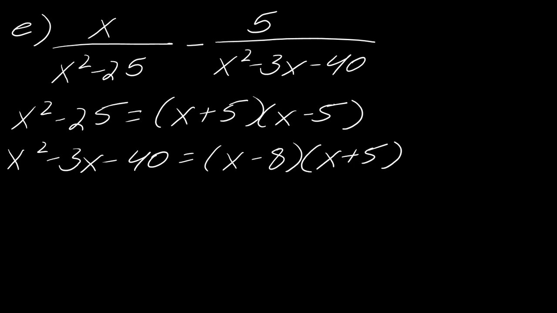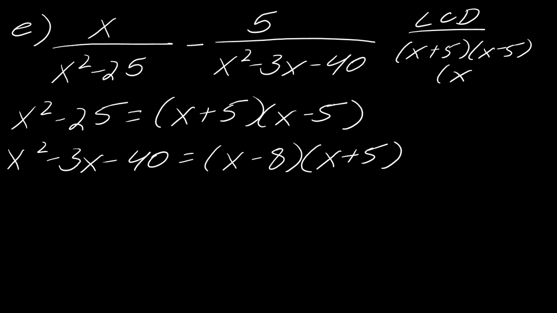Okay, so my LCD, I'll just write it over here. My LCD will be x plus 5, x minus 5, x minus 8. I'm running out of space, but they should all be together. Okay, so let's go ahead and multiply.